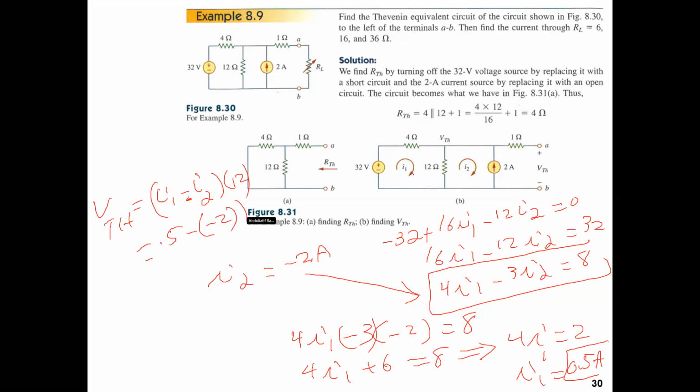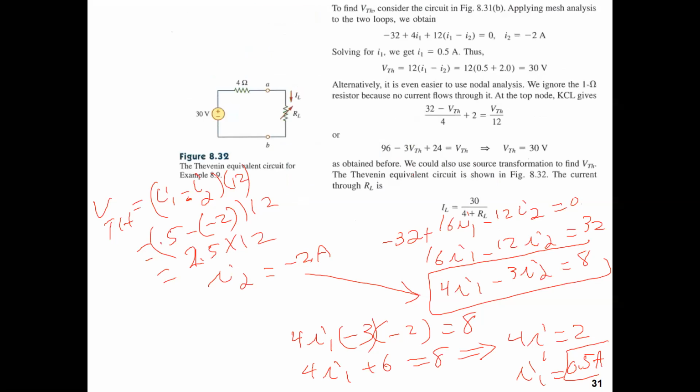So 2.5, multiplied by 12. So let's see what the answer of the book is. Okay, so again, this will be 30 volts.